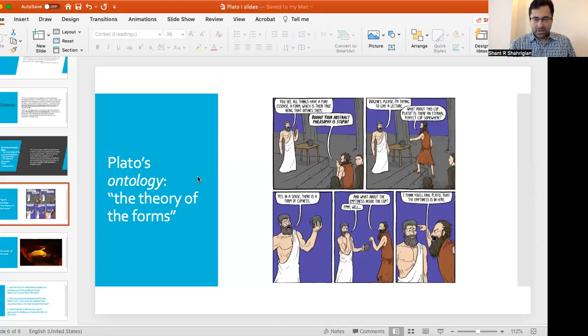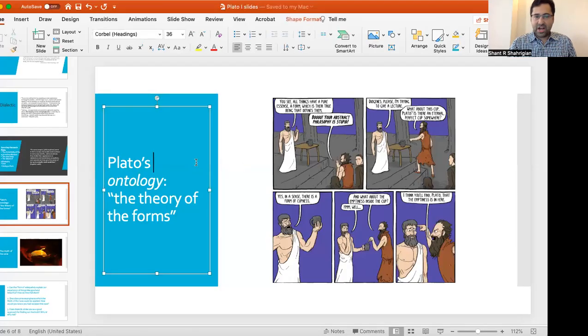This is actually where, bringing it back to the slide, I included a comic that sort of makes fun of this theory. You have Plato on stage giving his theory of the forms. An audience member says, no, this is stupid, and asks in the second panel, what about this cup, Plato?